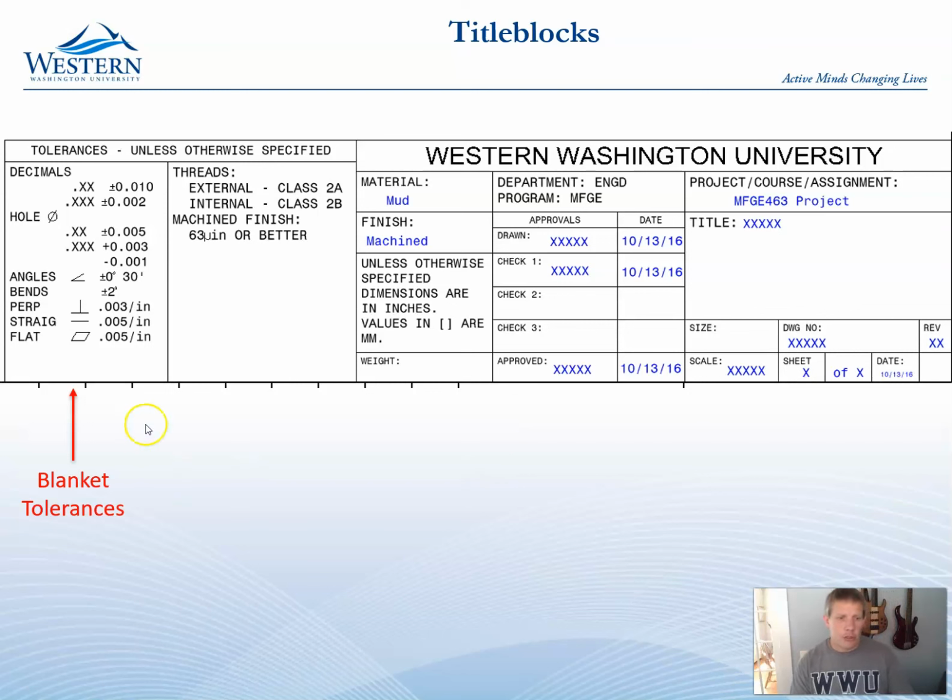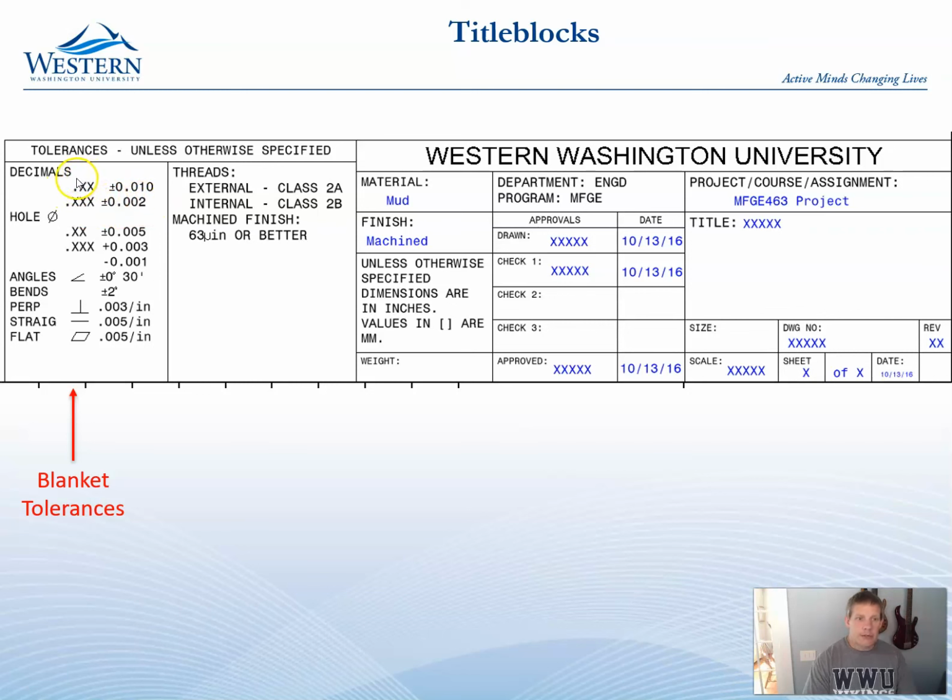Blanket tolerances are over here in this table. What this blanket tolerance means is, if there is a dimension on the drawing called out with two decimal places, then that stands for plus or minus 0.01 inch. That tolerance gets applied to everything. If it has three decimal places, this is what you call out.